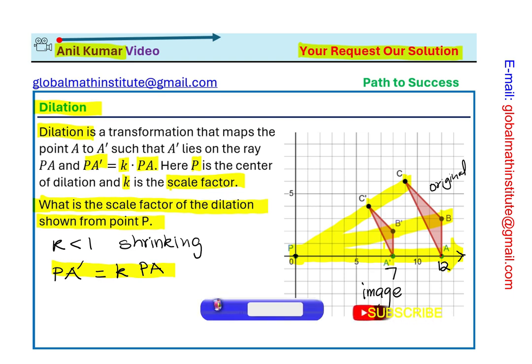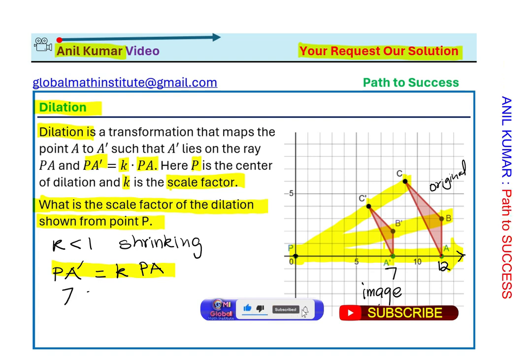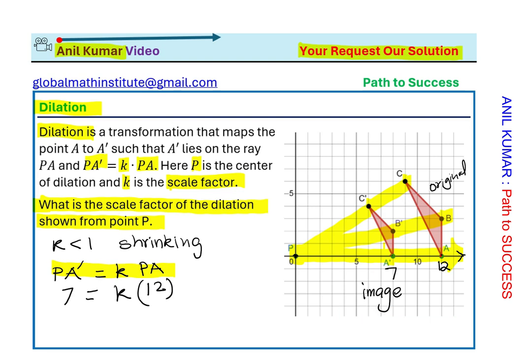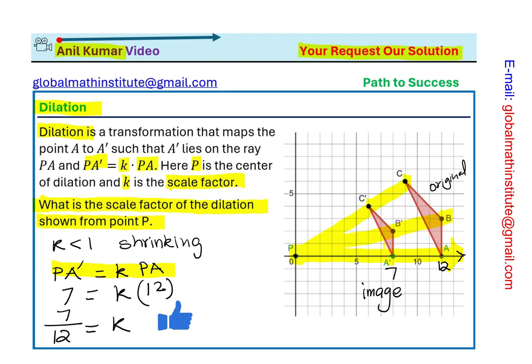So now we can say PA prime, which is 7, equals k times PA, which is 12. Scale factor is always multiplication. So from here, 7 by 12 is the value for k. Makes sense? So that becomes the scale factor in this particular case.